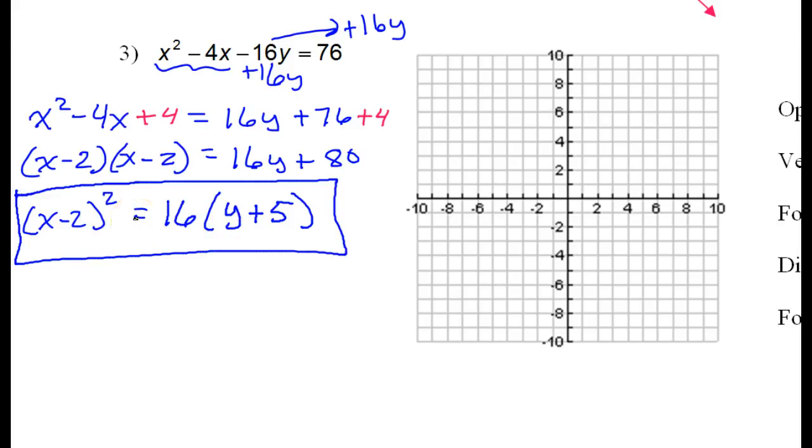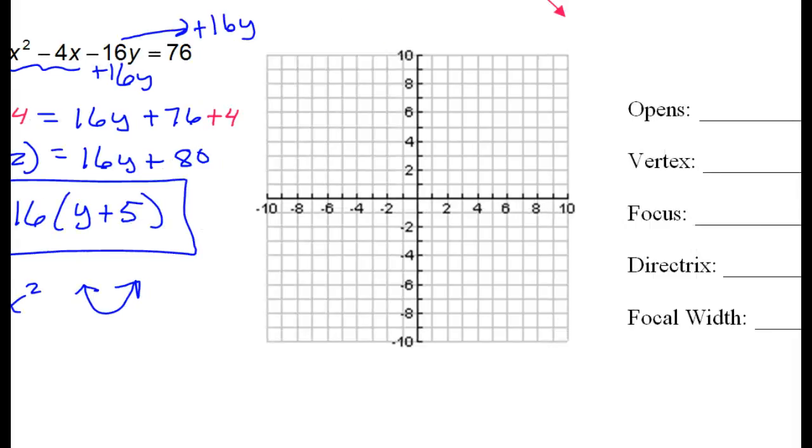Well, okay, wait. First, does it open up, down, left, or right? Well, since the x is squared, just like good old y equals x squared, we know it's going to either open up or down. Because the 16 is positive, it will be up, just like good old y equals x squared.